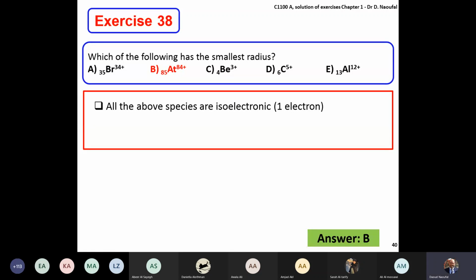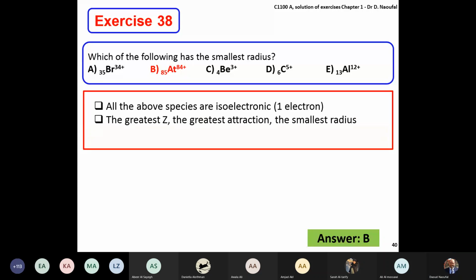And we have a rule: for isoelectronic species, the greatest Z gives the greatest attraction, so the smallest radius. So the greatest Z is for At, so At has the smallest radius, so the correct answer is B.